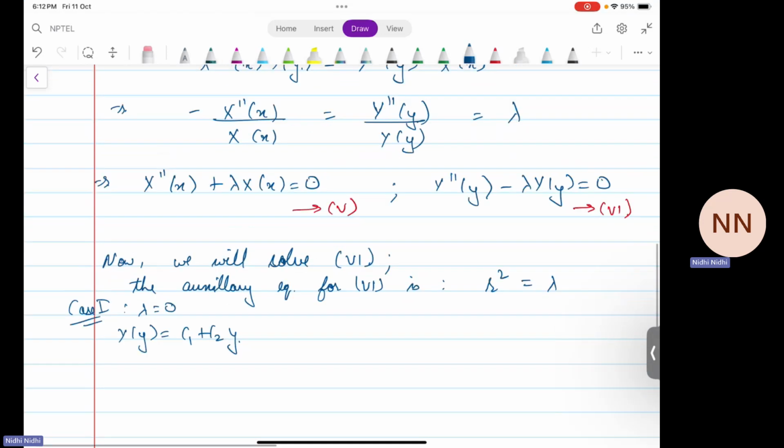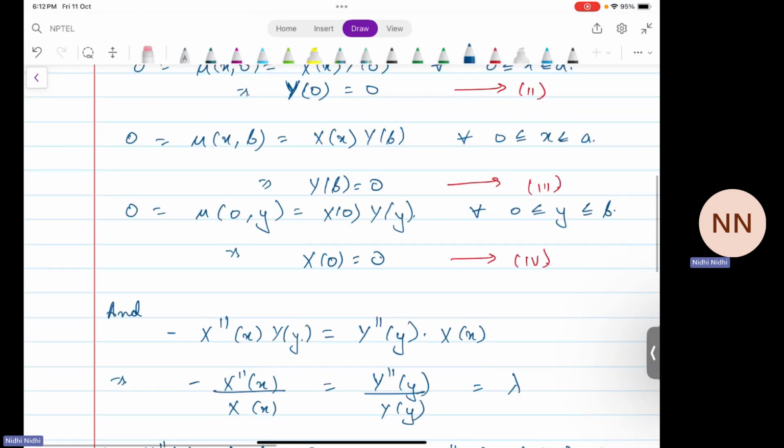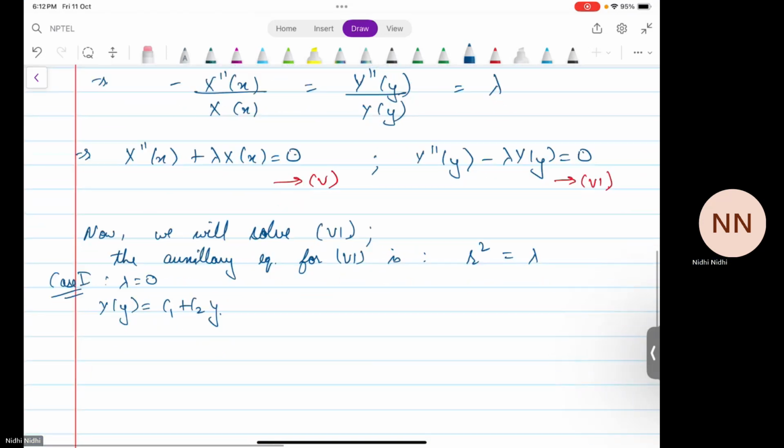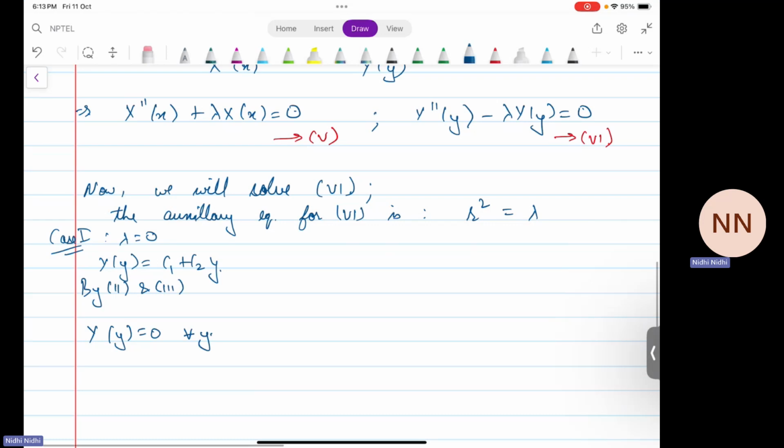You can see that by the boundary conditions on y, the second and third, we will get y equals 0 for every y, and that will give us that u is a trivial solution, and we are searching for a non-trivial solution.